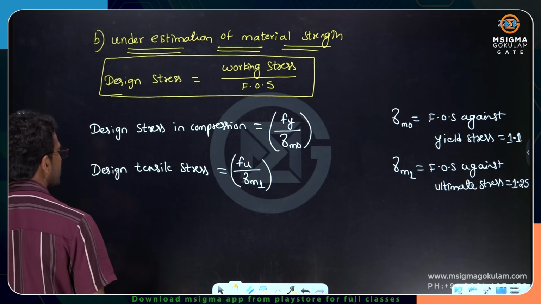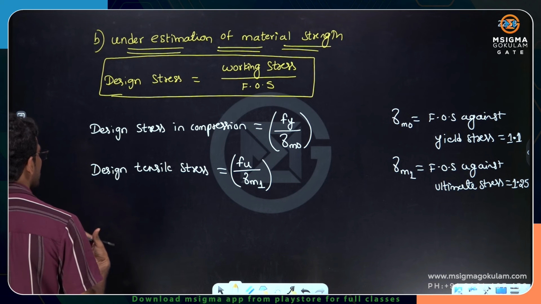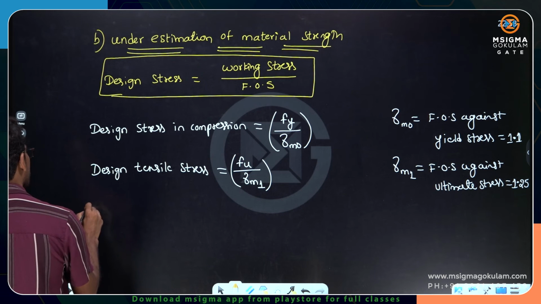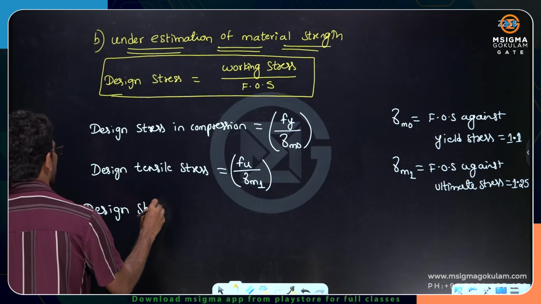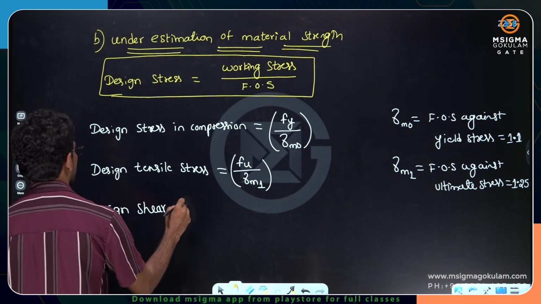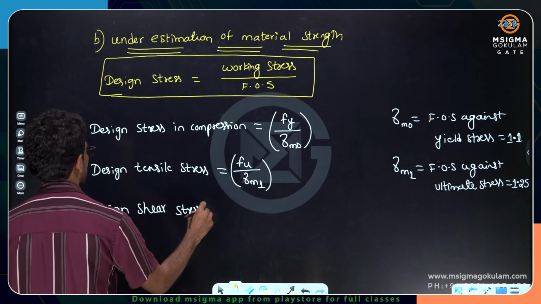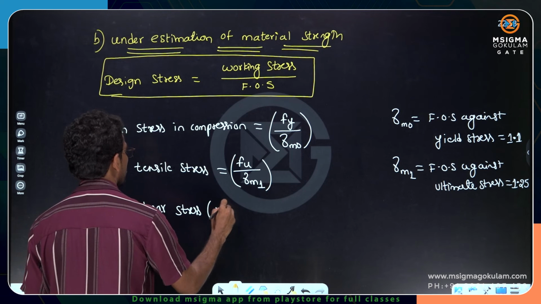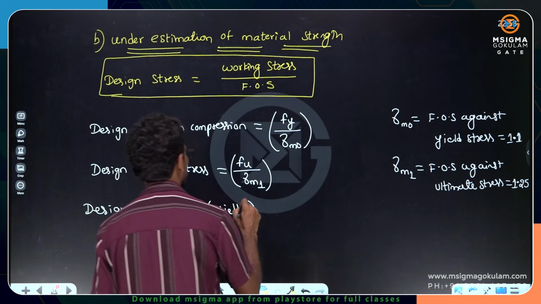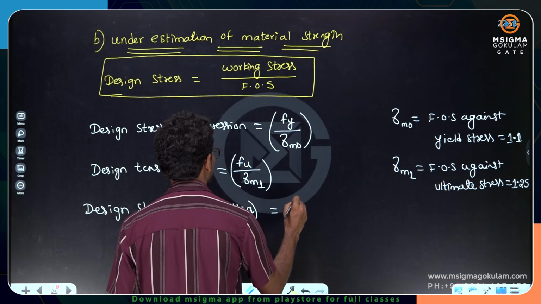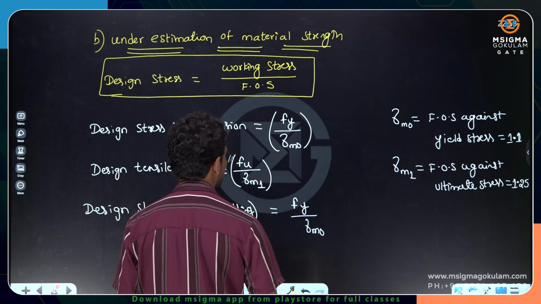Now, my dear friends, please understand that when I talk about design shear stress under yielding, yielding is the criterion for shearing. If shear yielding is happening, then I can say yield stress divided by the corresponding factor of safety gamma m naught.